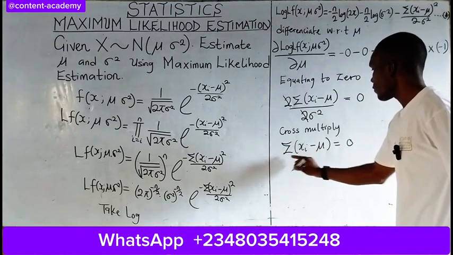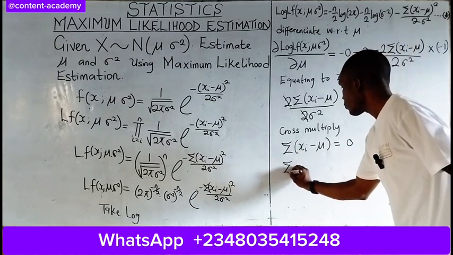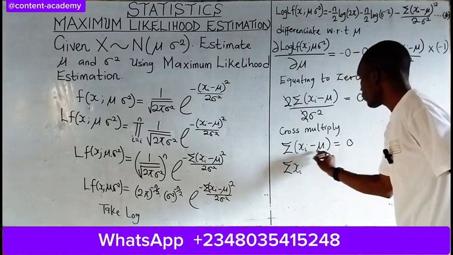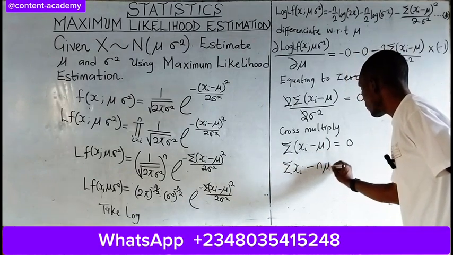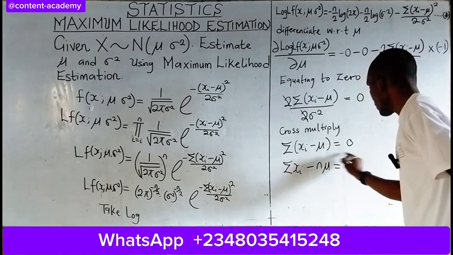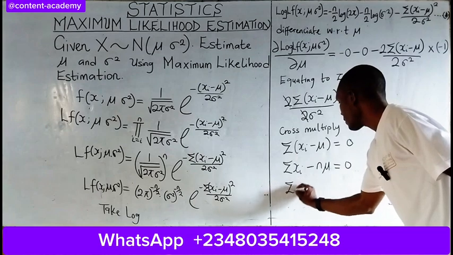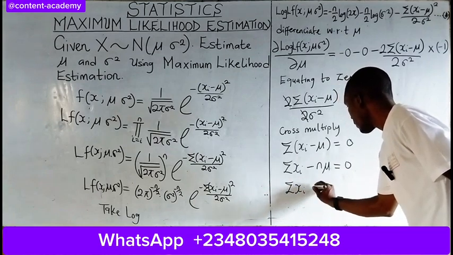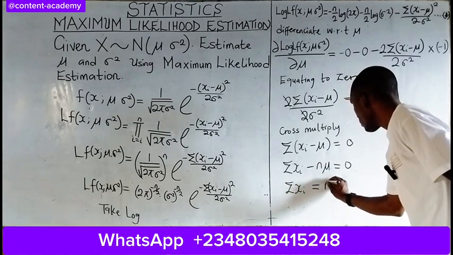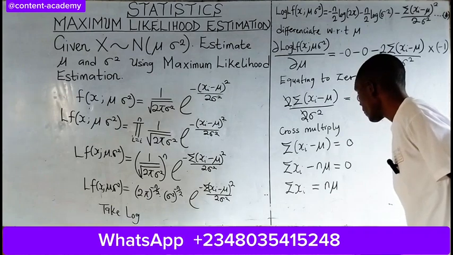So we take the sum. If we sum x, we get summation of xi. If we sum mu, which is a constant, we get n mu, which is equal to 0. We can take this over to this side, so we have summation of xi equal to n mu.